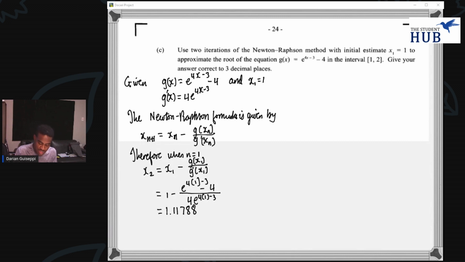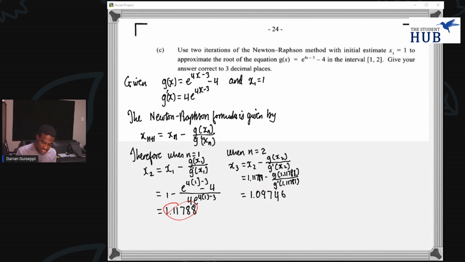Same formula we're using, but we're plugging in x2 wherever we had x1 in the previous one. So when n is equal to 2, this is what we have. You plug in the x2s wherever, and you should get this here. Let's compare them.